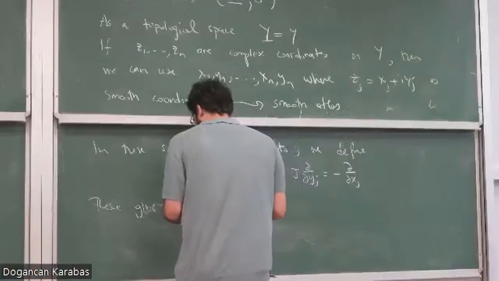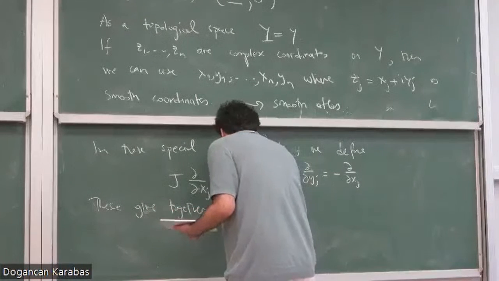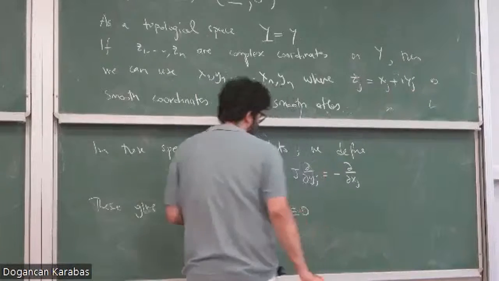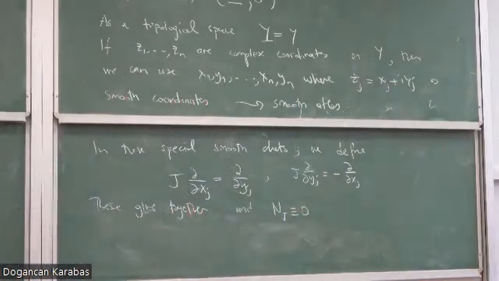And we also get that the Nijenhuis tensor vanishes. Again, you have to check this, but it's not hard. The hard direction is to go the other way. If you start with some Y underline, J, where J satisfies these properties, it actually comes from a complex manifold. That's a more difficult thing to do.